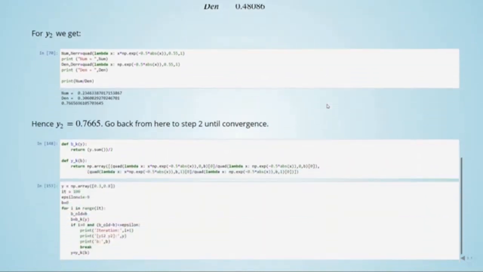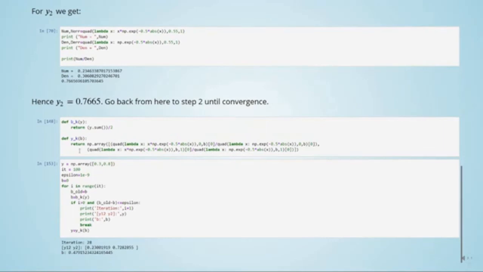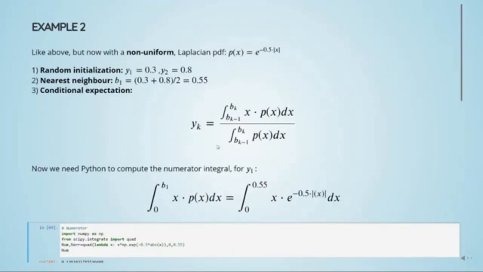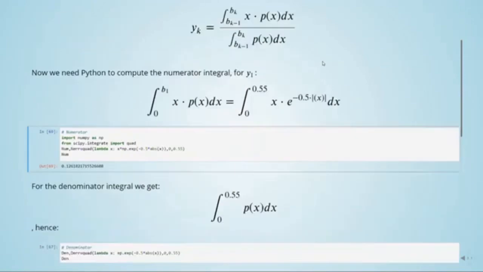So as we did before, here are our functions to implement this algorithm. Here is the nearest neighbor rule, and here now we have this function here, but we are replacing this PDF with the PDF of a Laplacian distribution with those values here.